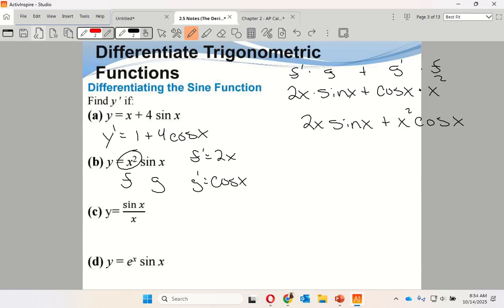Next one, e to the x times sine x. So f, g, so what rule am I using on this?